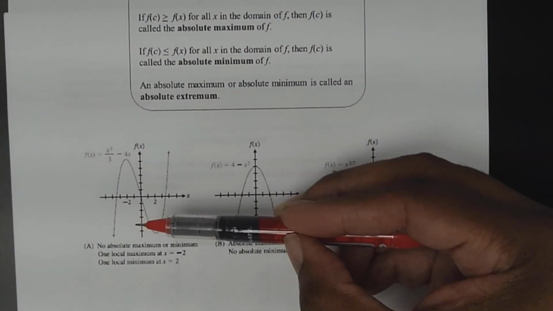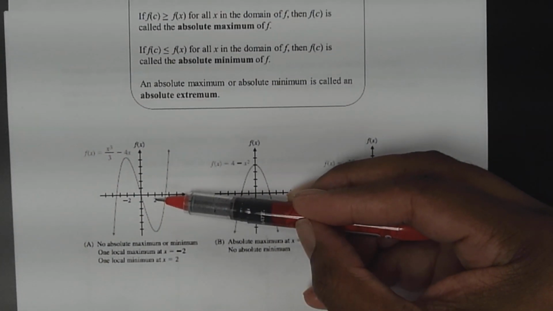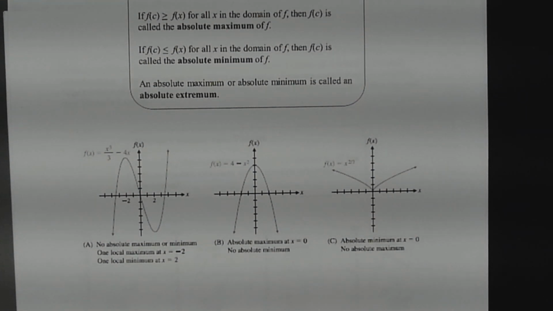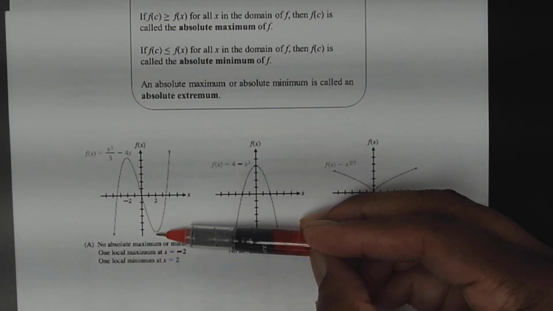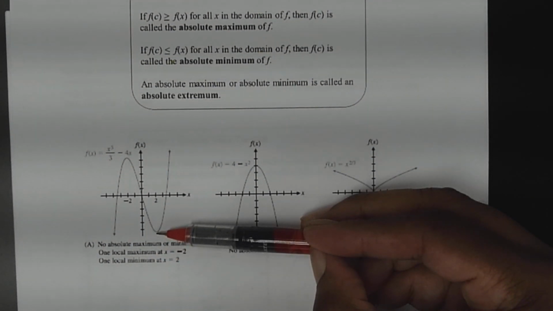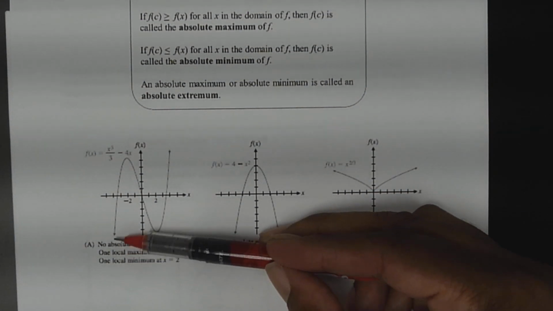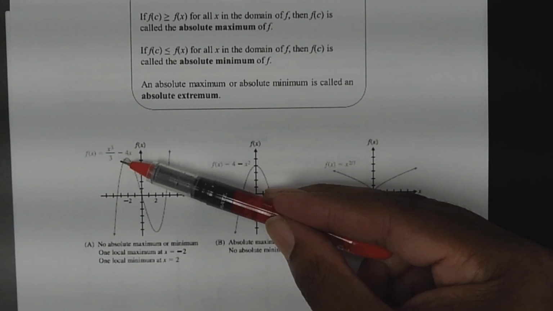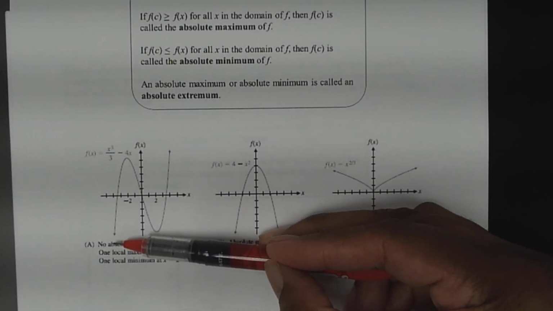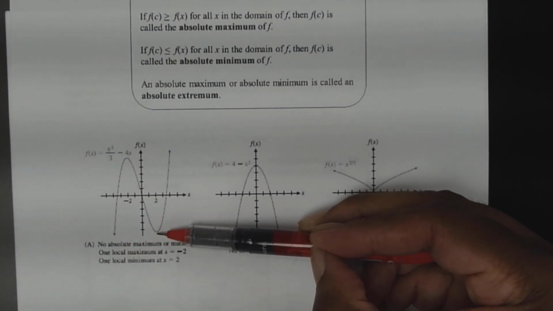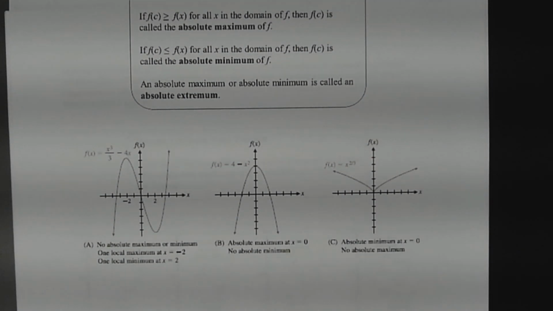And a local minimum is right here. It occurs at x equals 2. That's just a local minimum, but it's not the absolute minimum because I can come up with an f of x value that's going to be less than this local minimum.